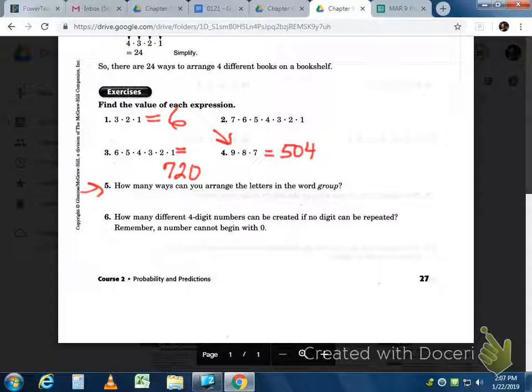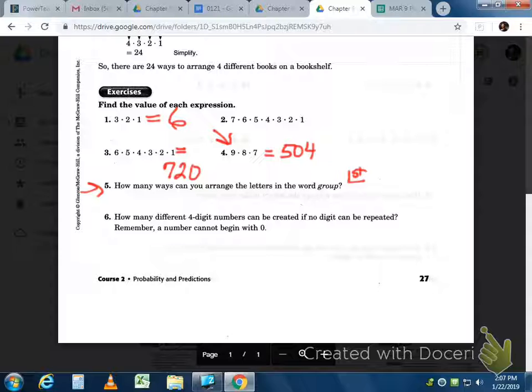Number 5. How many ways can you arrange the letters in the word group? So how many letters are in the word group? Caden? 5. Let's do each slot.